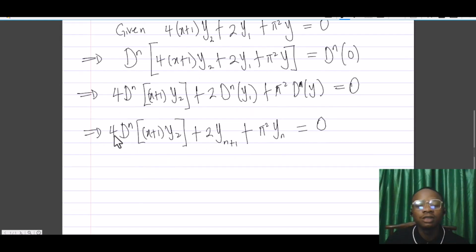We are not sure of what this is going to be yet, because indeed this has to be simplified using the Leibniz formula, because y is a function of its own. We don't know what y is. Okay, whatever it chooses to be, it's not really our problem here. Y is a function of x. That's what we know. X plus 1 is another function of x.